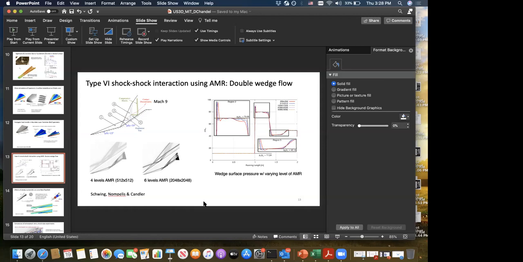Having worked with a code like Loci Chem from Mississippi a few years ago, they also have AMR implemented, and we were finding issues of it converging to incorrect mesh solutions and giving bad results. So I wonder what mitigation strategies for this have been employed in US3D, given that this is a known issue.